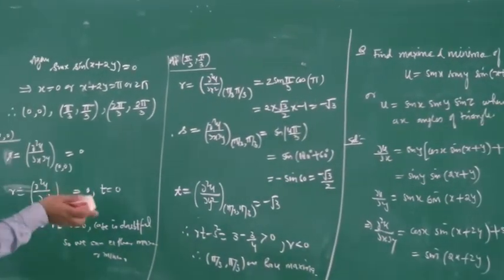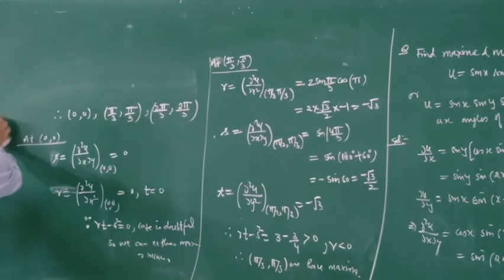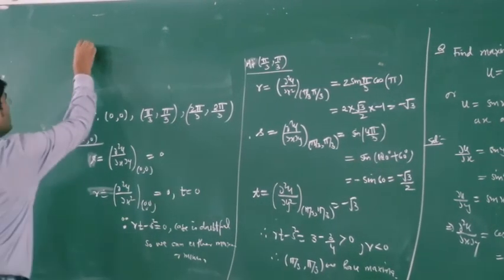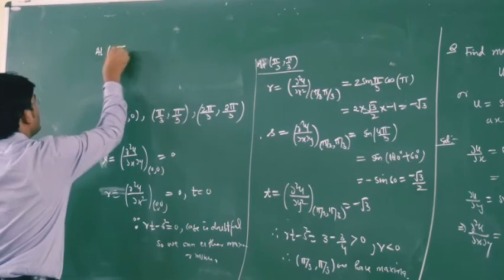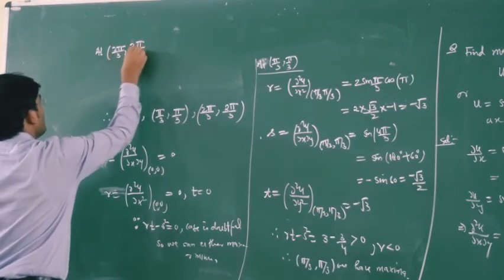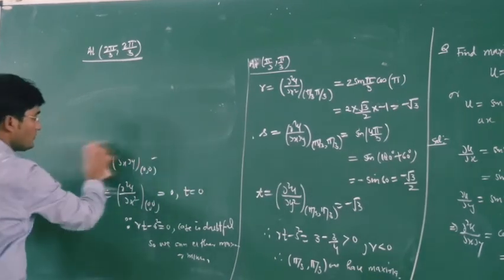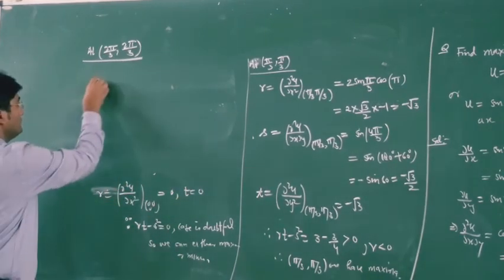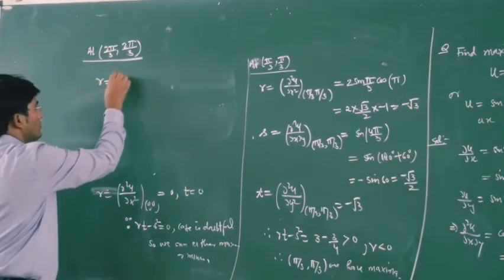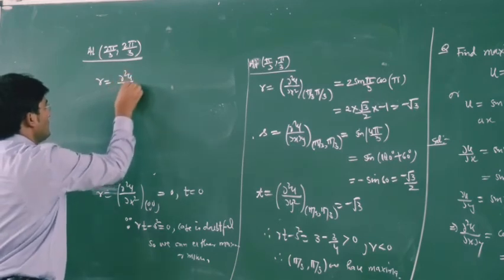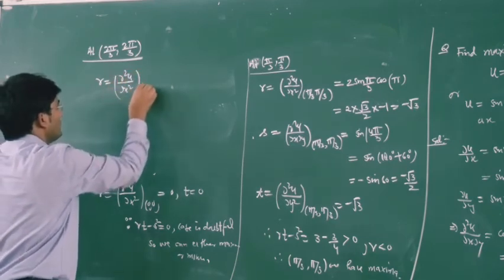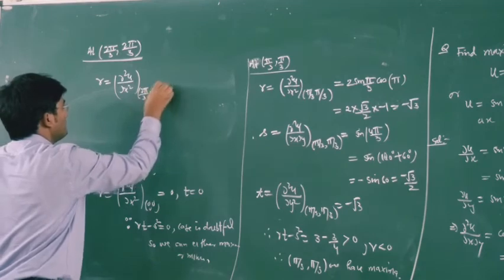Now let us discuss the third point, which is 2 pi by 3, 2 pi by 3. So at this point, our r means del t upon del x2 at 2 pi by 3, 2 pi by 3.